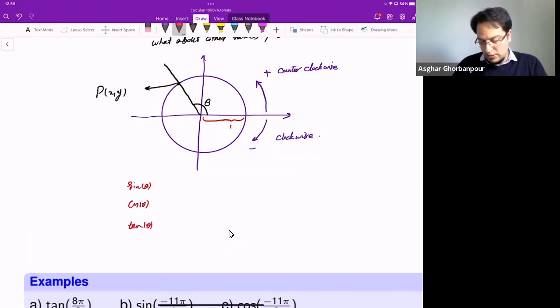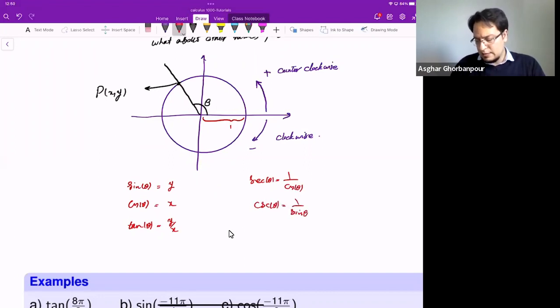Now, for more general values of theta, for sine, this is always going to be y. For cosine, it's x. And for tan is y over x. Reciprocals work the same way: secant theta is 1 over cosine theta, cosecant theta is 1 over sine theta, and cotan theta is 1 over tan theta.